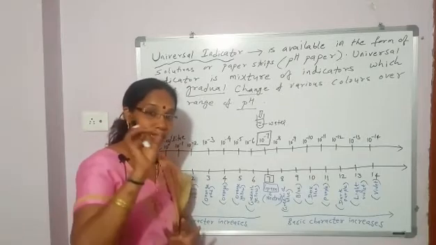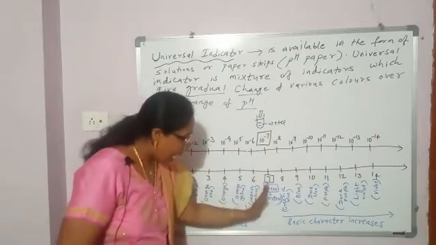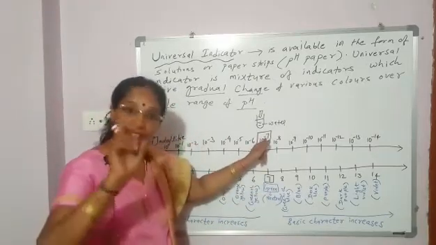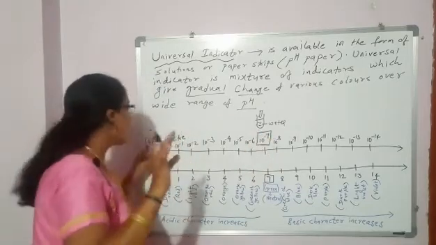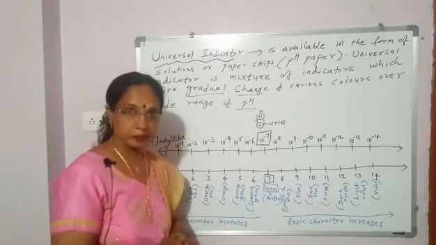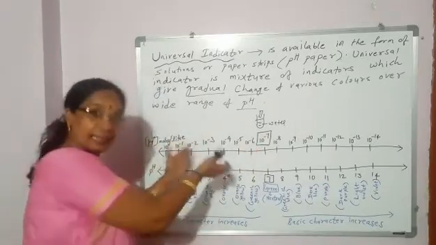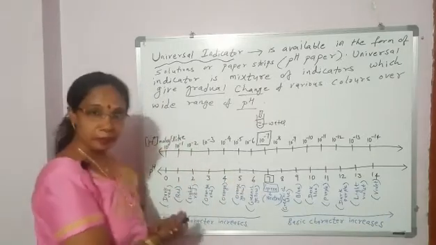pH paper is what? Universal indicator. Now, for a neutral solution, hydrogen ion concentration and hydroxide ion concentration are equal to 10 power minus 7 moles per liter. And when the hydrogen ion concentration goes on increasing, the solution goes on becoming acidic.